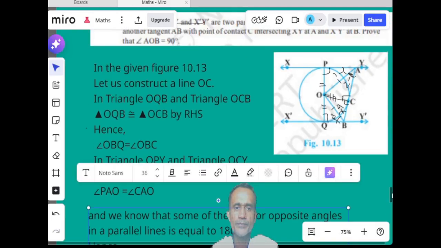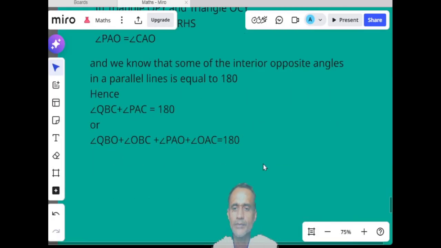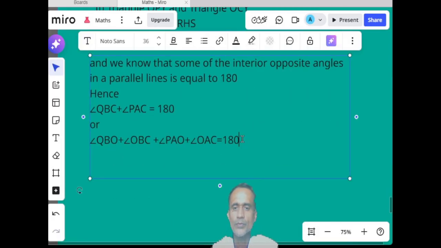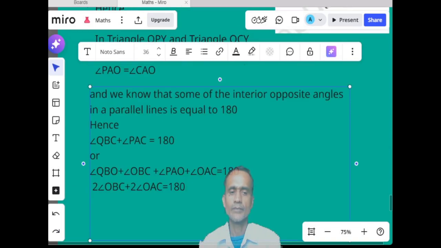Similarly, PAC is equal to PAO plus angle OAC. So this is what I have written here. From this equation we get 2 times OBC plus 2 times OAC is equal to 180 degrees. Why? Because OBC is equal to QBO, and PAO is equal to OAC. So from this we get angle OBC plus OAC is equal to 90 degrees.